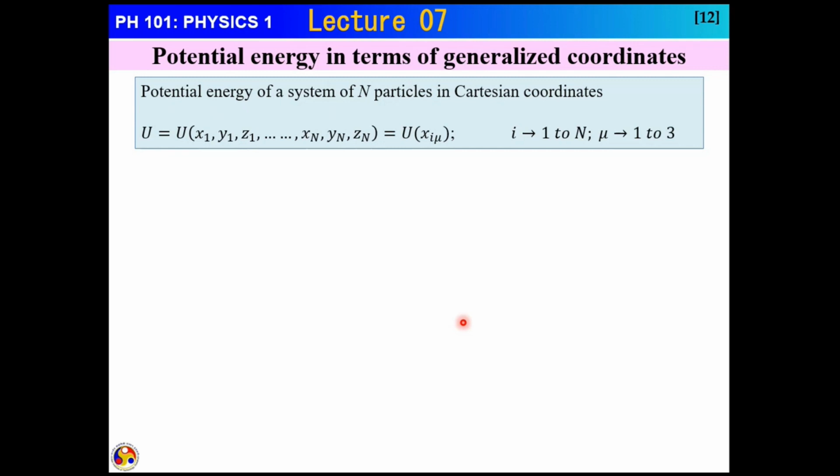Now potential energy. Okay, how to write the potential energy in terms of generalized coordinates? Well, it's not complicated. You know that potential depends upon the position of the particle. Okay, and that's why it is a function of x1, y1, and z1 coordinates. Similarly for the nth particle.